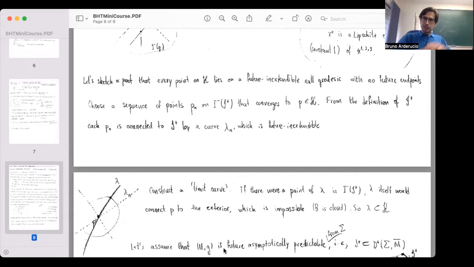Because the ball is closed, it contains all its accumulation points. You look at the intersections of the family of curves with this surface, and you define a point that is going to be part of the limiting curve as the limiting point of the curves.